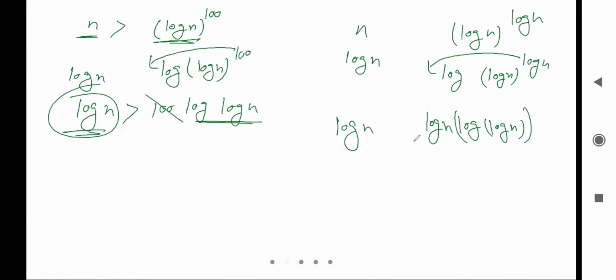If we assume they both are equal, we can cancel this one out. So here it is 1 and here it is log of N. So log of N is greater than 1, right? It means this portion is greater. Okay, now tell me it is clear or not.